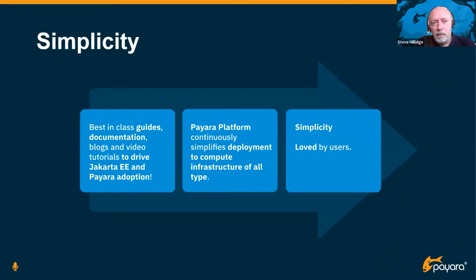As I mentioned in the previous slide, we want to make sure that you can simply deploy to lots of different compute infrastructure and other infrastructure, as we'll see in another slide. And again, simplicity. A lot of what we're aiming for in the next release is simplicity for you as developers and for operations people. Simplicity at first glance, but still having the power and capabilities of the underlying platform.